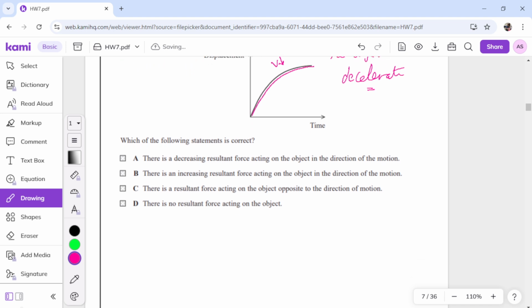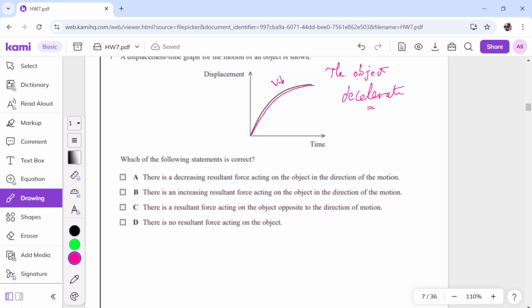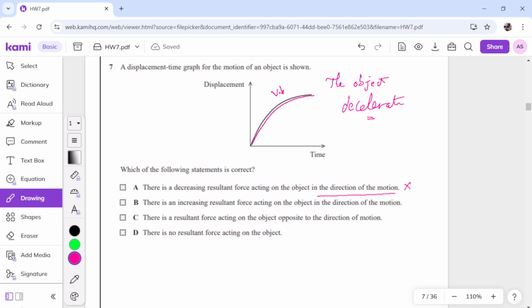There is a decreasing resultant force acting on the object in the direction of motion. This will be wrong, because if you want deceleration, the force must be against, or in the opposite direction to, the motion.